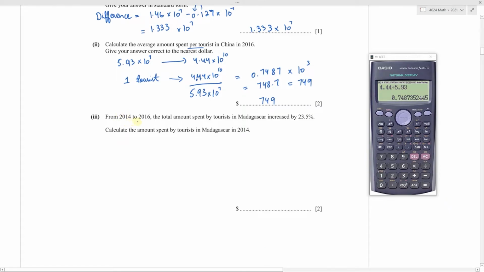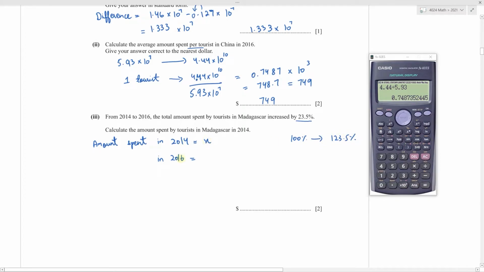From 2014 to 2016, the total amount spent by tourists in Madagascar increased by 23.5%. Calculate the amount spent by tourists in Madagascar in 2014. So let's call that amount spent in 2014 equal to X, and then amount spent in 2016, it increased by 23.5%. So it was 100%, it increased to 123.5%.